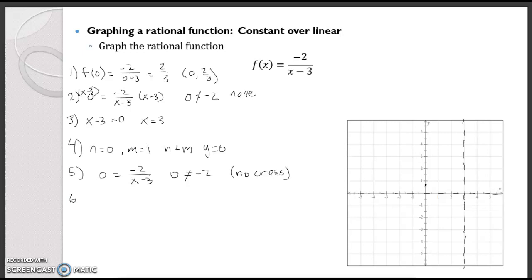Number 6, if we were to plug in f of negative x, that does not equal f of x and or a negative f of x. So there's no symmetry here.